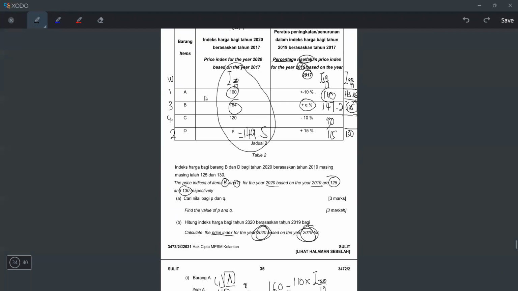I'll take 160 times 1 plus 184 times 3 plus 120 times 4 plus 149.5 times 2, over the total weightage.